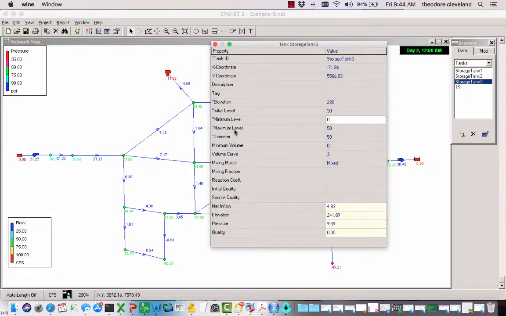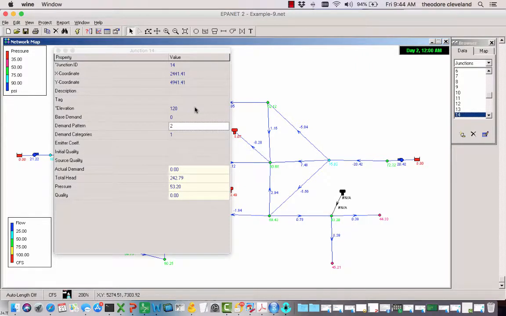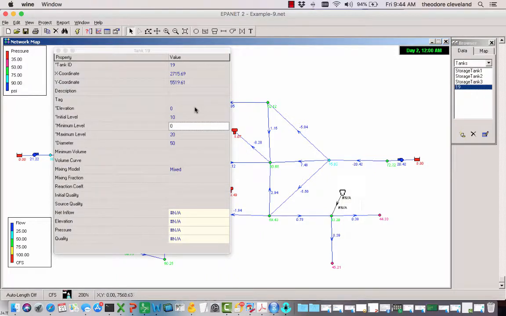We want to take the same properties. Let's see what my node elevation is right here. I'll just use an identical tank.